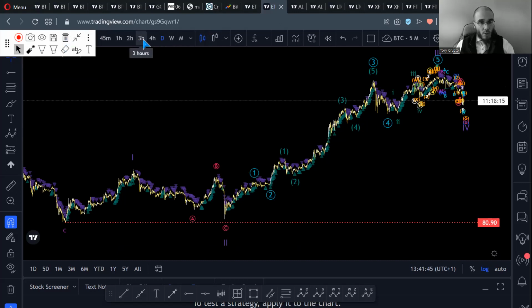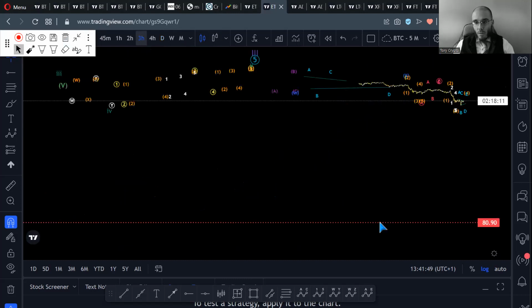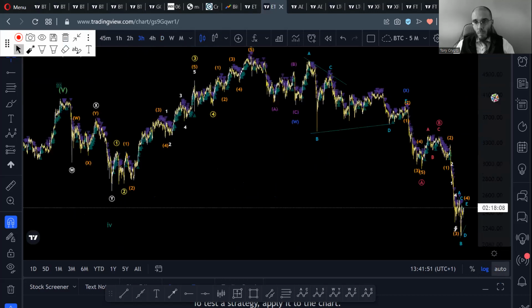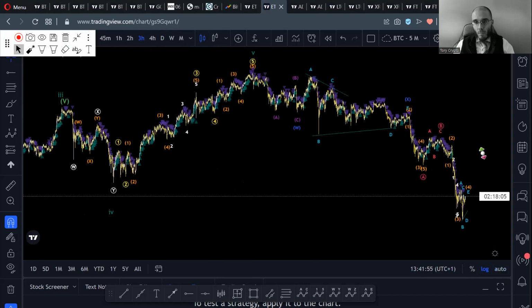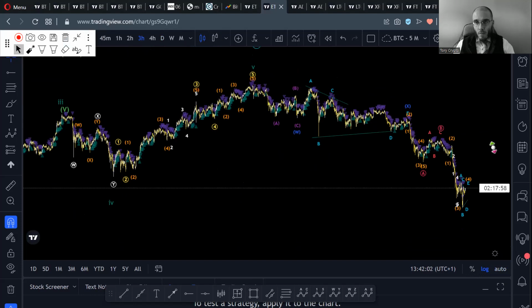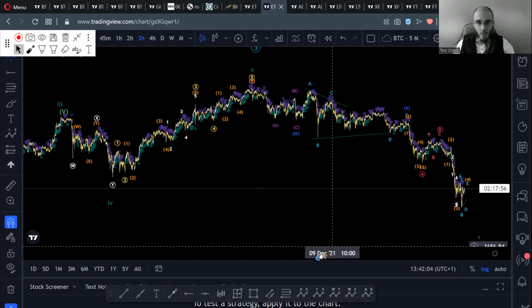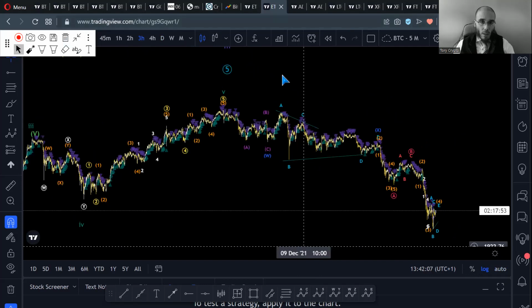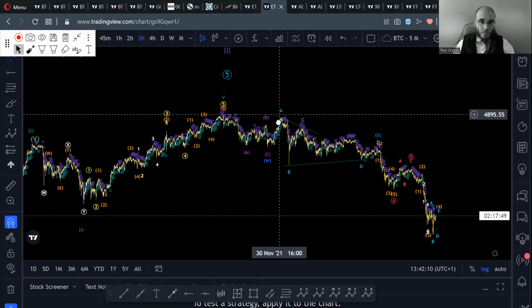So let me show you its 3-hour chart first. So that was the wave 3 top up there, as you can see.